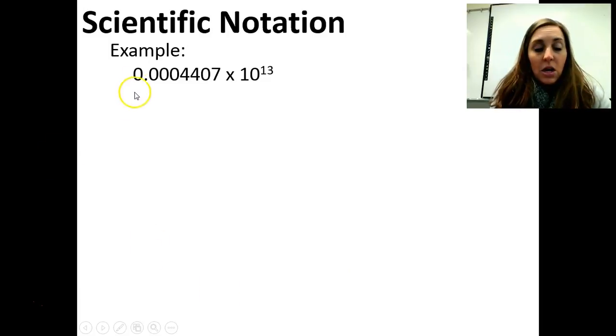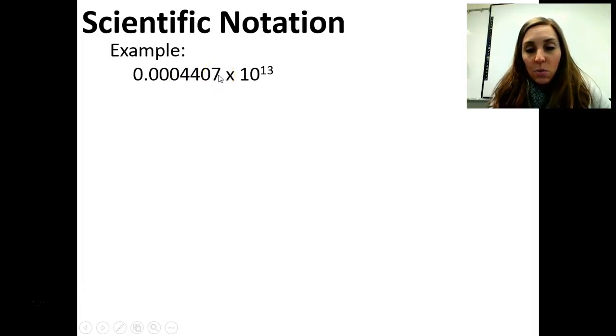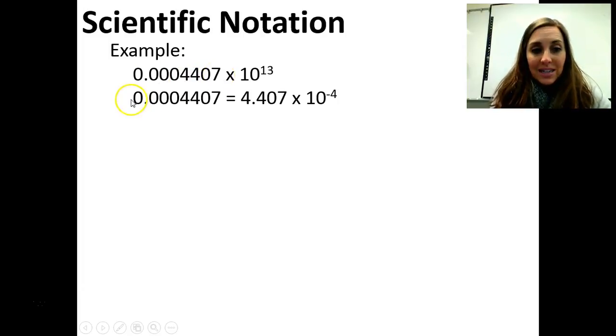How about this one? So this number, 0.0004407, that's a lot less than 1. So first fix this. This would be 4.407 times 10 to the negative 4th, because I would have to move the decimal 1, 2, 3, 4 spots. 4.407. This number needs to get smaller to be my original number, so that's why it's a negative 4 exponent.